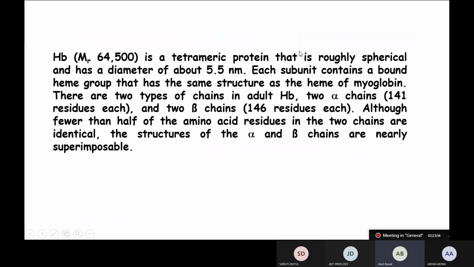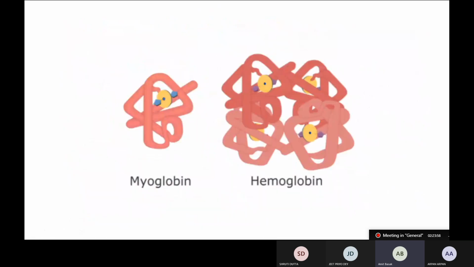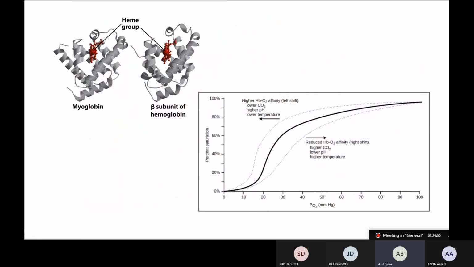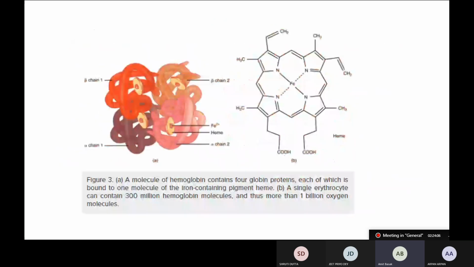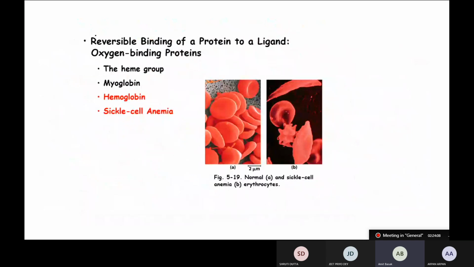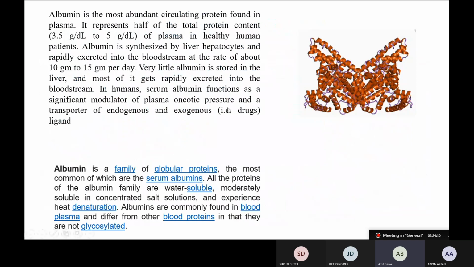I'll send the slides. You have to know something about hemoglobin, myoglobin, globulin and albumin. Go through these slides, and then we can have some doubt clearing session and discuss these things.